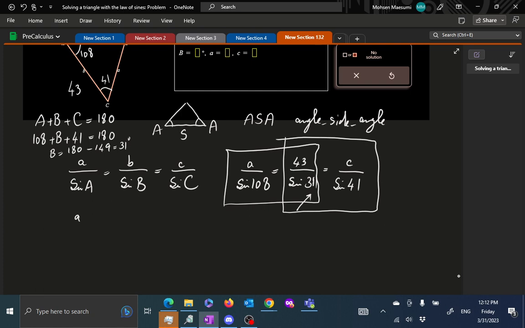So if you have a over sine of 108 equal to 43 over sine of 31, just multiply by sine of 108, so I have a is 43 sine of 108 divided by sine of 31. Again, strong recommendation to type this in one single action in your calculator as opposed to breaking it up into pieces.